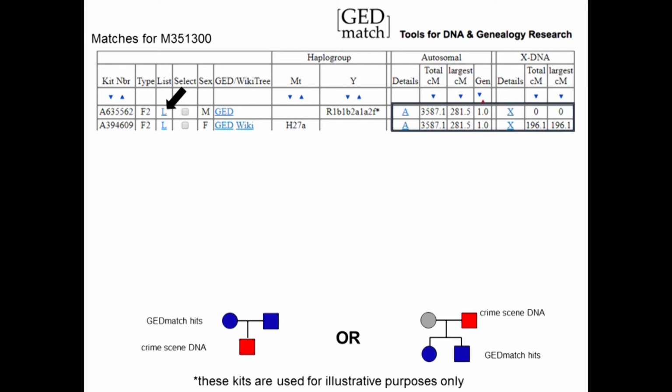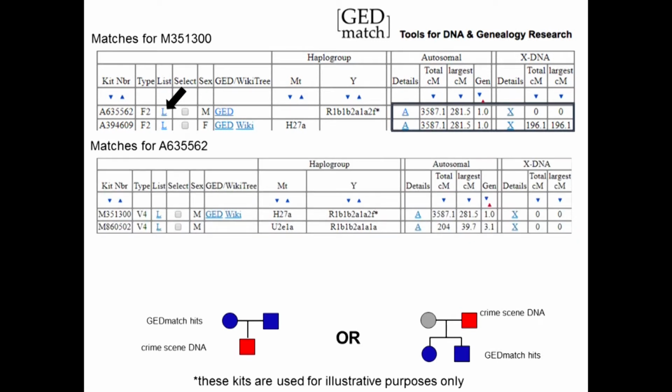However, if this scenario is correct, unless there is some heavy inbreeding occurring, we would expect that the amount of shared DNA in those two kits or individuals would be low. So when we click on that link and we look at the matches for this individual in this graphic here, we see the first match is to our original sample, M35-1300, but our second match is a test that we don't recognize. So from those results, we can make the inference that this scenario is correct, that the criminal is the son of these two individuals.